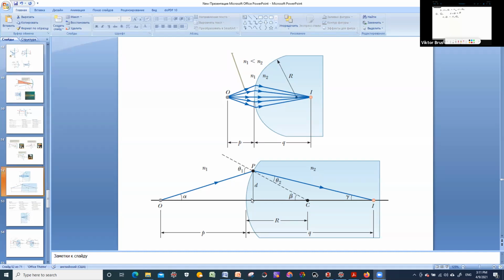We need to get information about angles alpha, beta, and gamma.